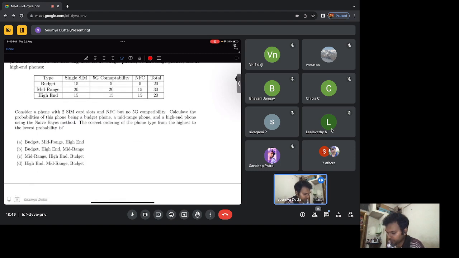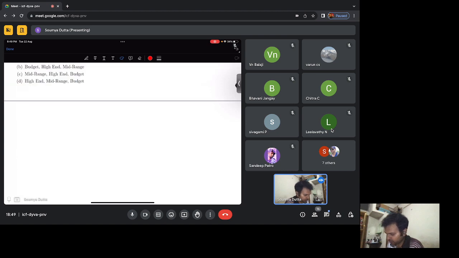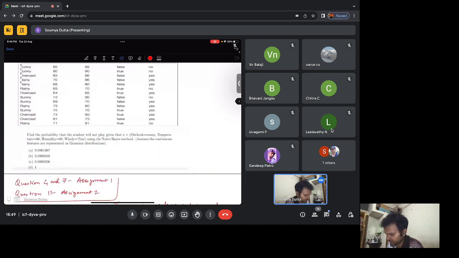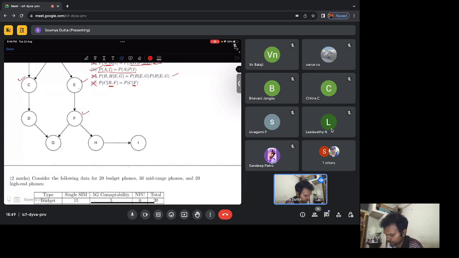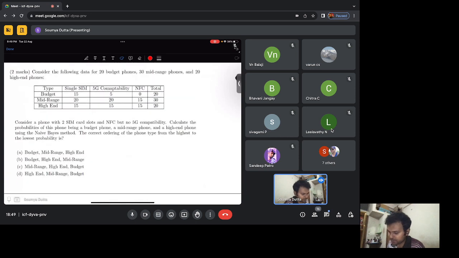So now we have some problems. Two problems I believe. One of them is slightly longer. So the first problem is, consider the following data for 20 budget phones, 30 mid-range phones and 20 high-end phones. Consider a phone with 2 SIM card slots and NFC.